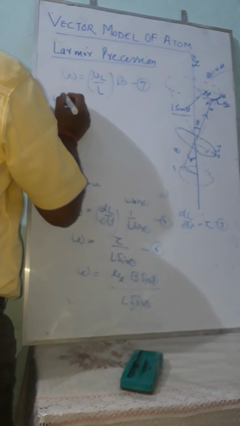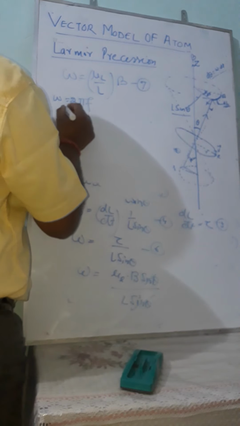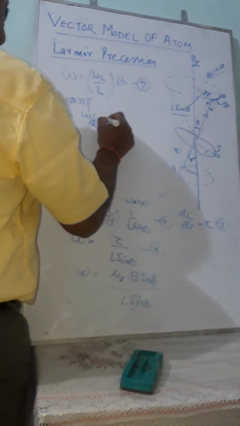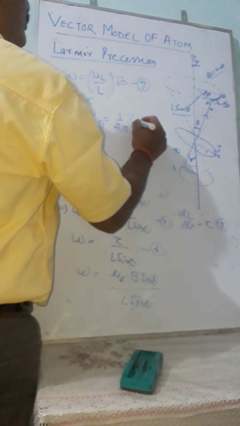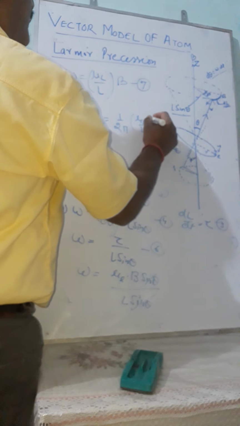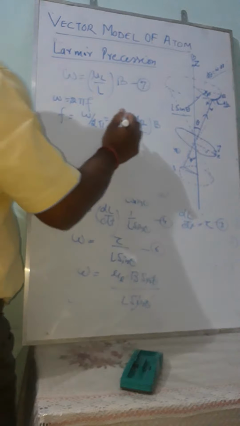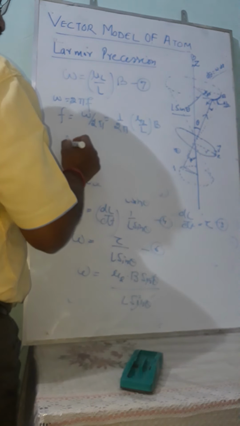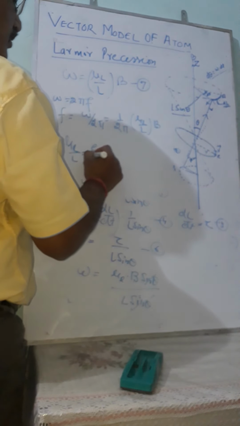Now omega is equal to 2 pi f, where f is the Larmor frequency. So the Larmor frequency f can be written as omega upon 2 pi, which is equal to 1 upon 2 pi into mu L upon L into B. Now the relation for mu L upon L is e upon 2m.